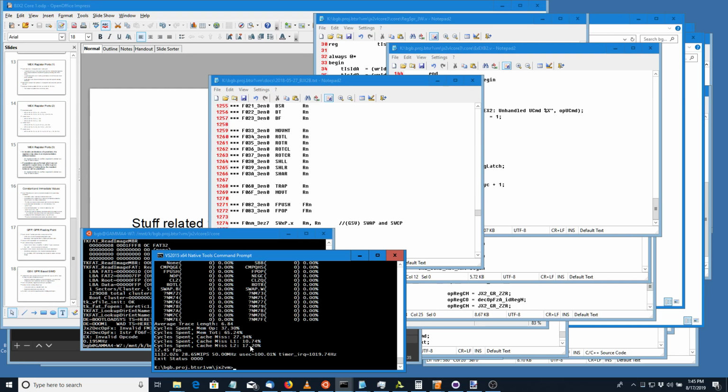I think it's assuming a 32K L2 still for this. I'd have to check on that. So about 28% of the total clock cycles are just spent in cache misses, which could maybe be improved, but yeah.